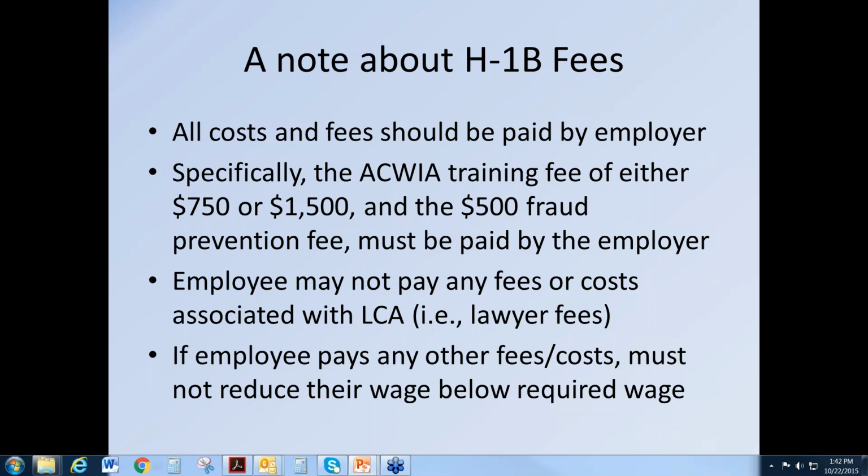Therefore, the likelihood that there would be any site investigation from USCIS as a result would be pretty much not there. However, whenever you file an LCA, you're making these attestations that you will, in fact, employ this person. But if the person never started working pursuant to that LCA, then you're not liable for paying that wage.